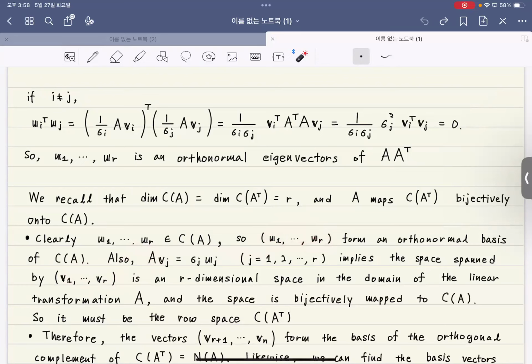And there is only one space that maps bijectively onto the column space under A. What is that? That is the row space, right? So these vectors are the basis vectors of the row space.